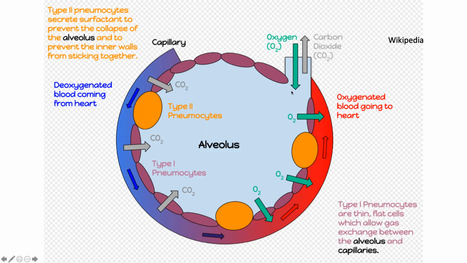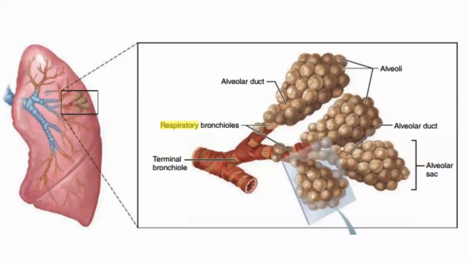I think this is a very nice diagram. I want you to take your time to appreciate this diagram. And of course, if we take a step back, multiple alveoli together with the respiratory bronchioles we call an alveolar sac.